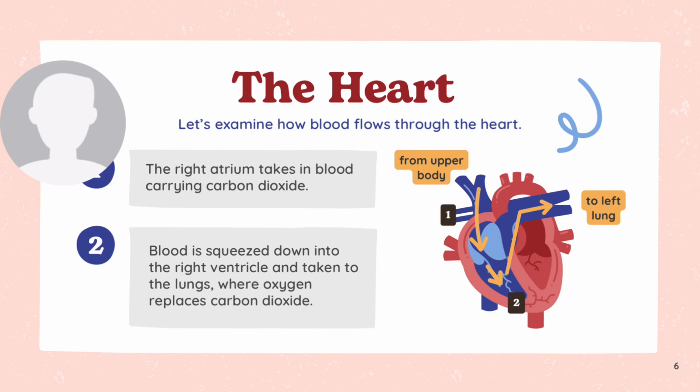Blood is squeezed down into the right ventricle and taken to the lungs, where oxygen replaces carbon dioxide. So you can see here the way blood flows in our heart.